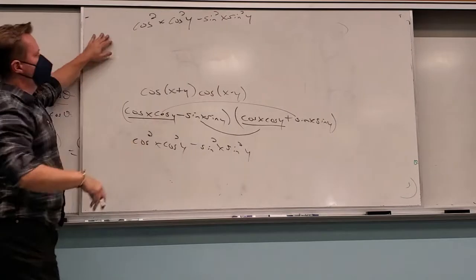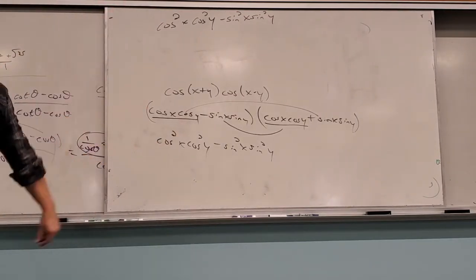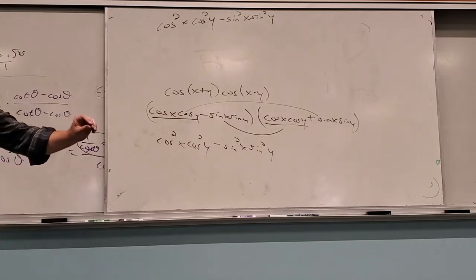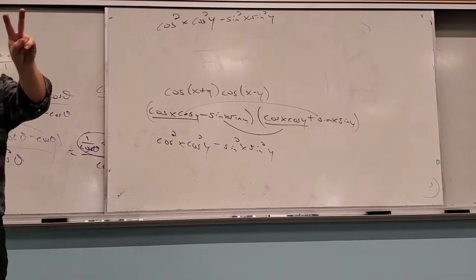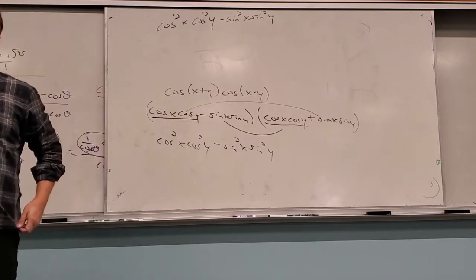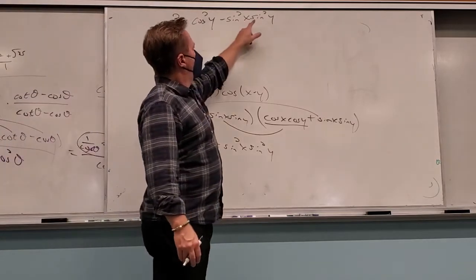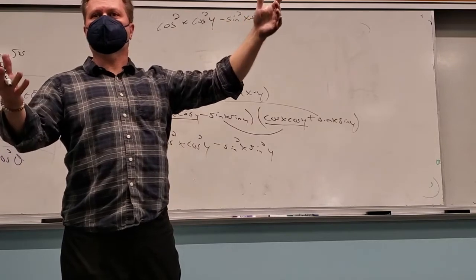Do you see how there's obviously a bunch of squares running around? What do I wish I could just erase? And then I would be done. There's two things: cos squared y and sine squared x. If I could just erase those, I'd be done, right?